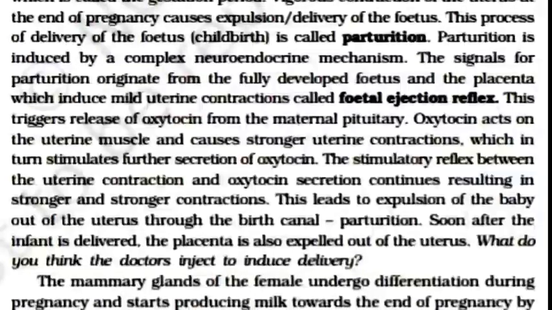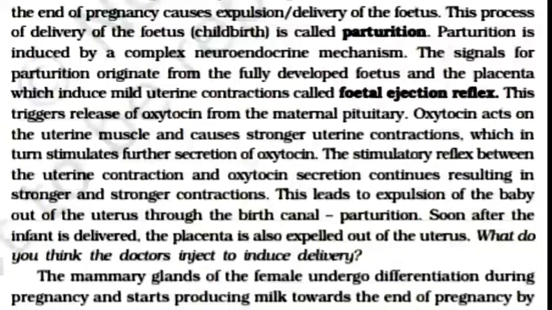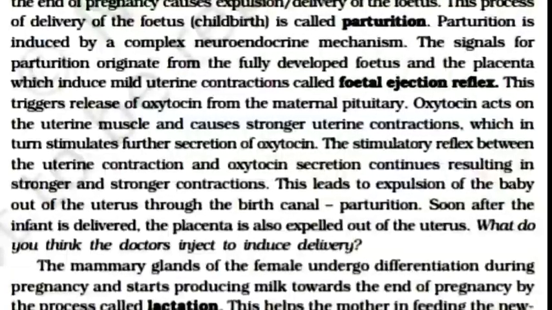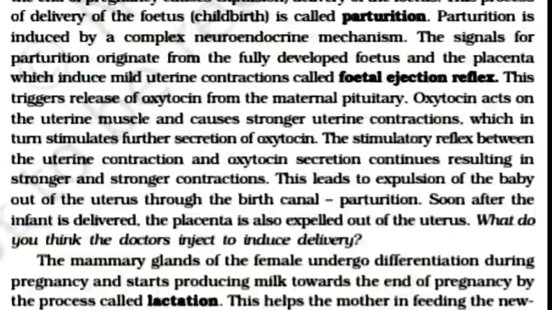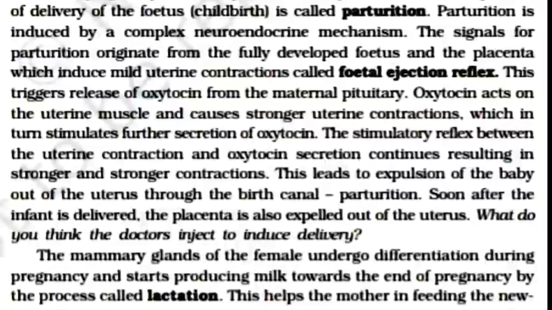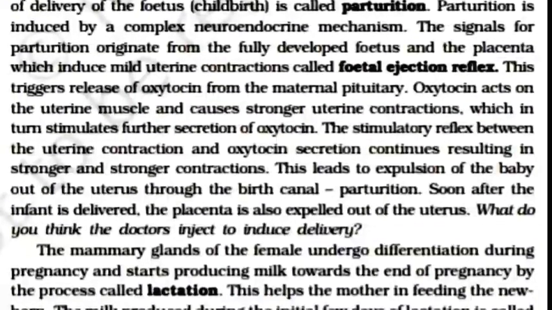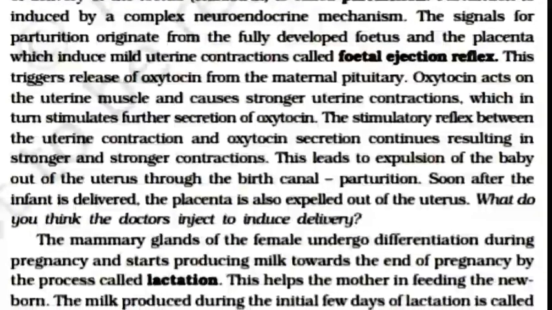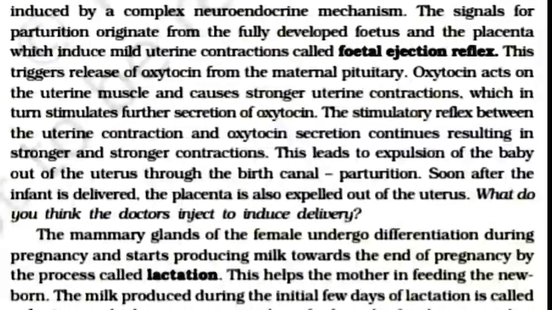These lead to expulsion of the baby out of the uterus through the birth canal. Soon after the infant is delivered, the placenta is also expelled out of the uterus. What do you think the doctor injects to induce delivery?